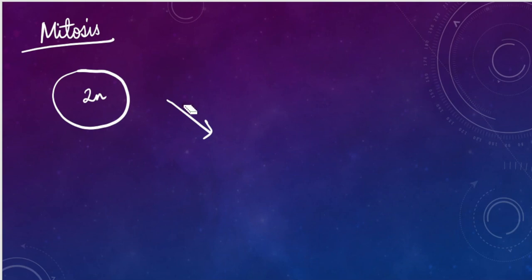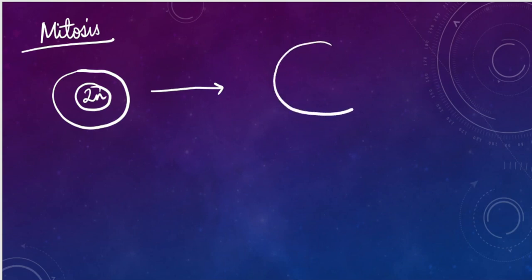How it will divide, I will show. This is a nucleus. First there will be division of the nucleus. So this is a cell, and the cell has a nucleus.